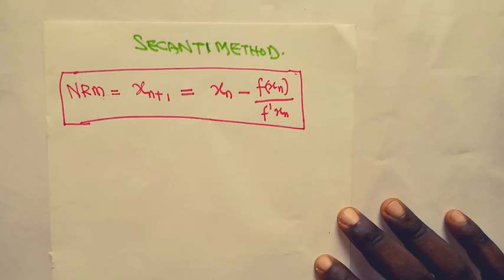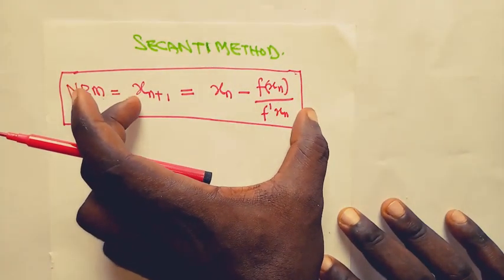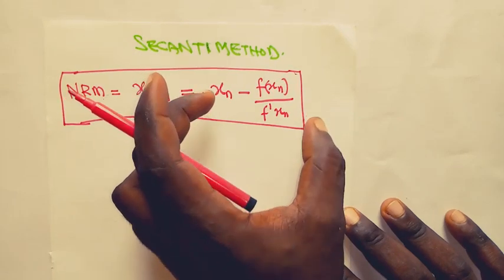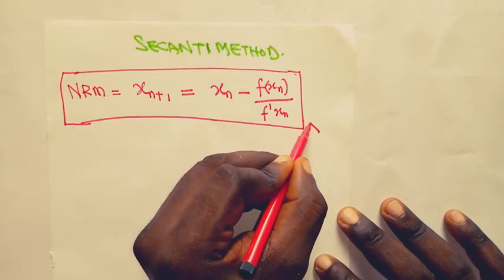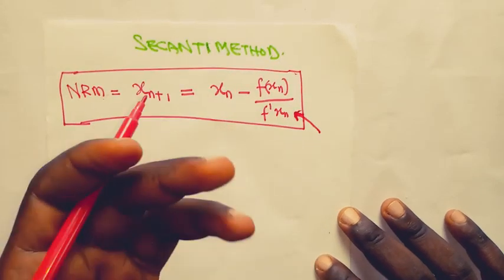And then for the secant method, we can actually derive it from this formula. Basically we look at this part of the Newton-Raphson's method and we do a tweak around that.